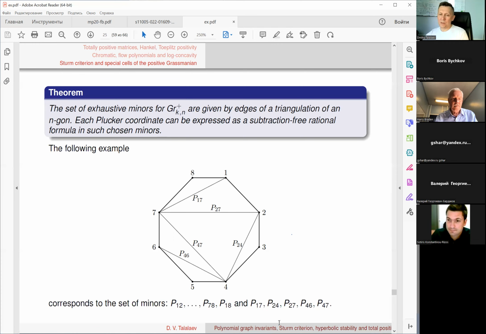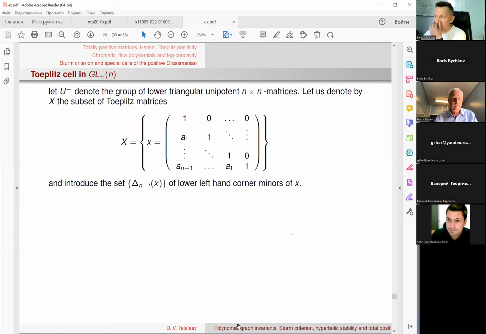In these triangulations, we correspond to each edge of a triangulation a minor on the Grassmannian. So the statement is like this, and I'd like to make a relation with a different problem.